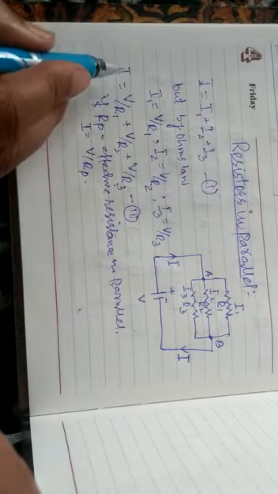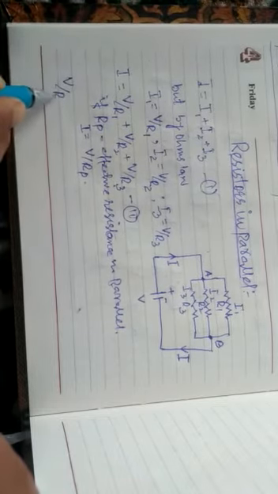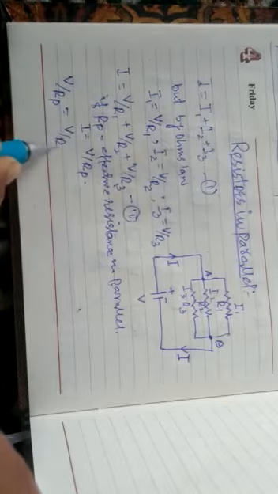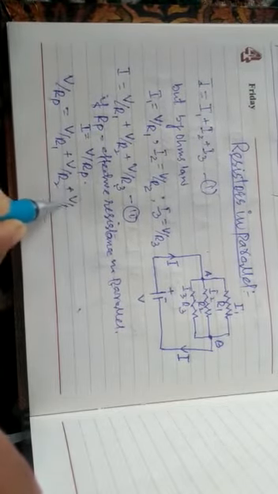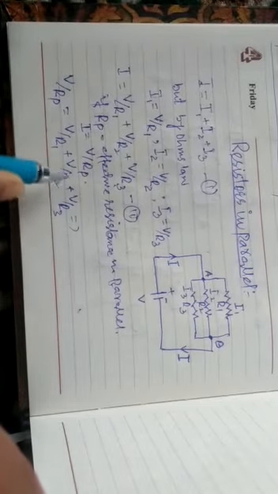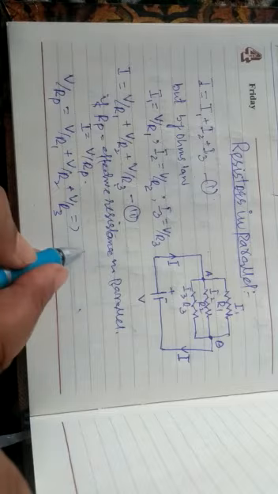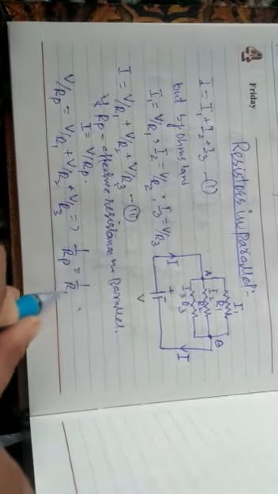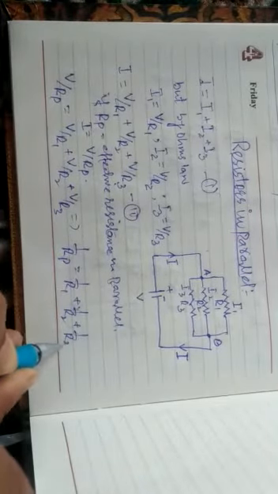That is equation two. Therefore, instead of I, we put it in equation one, and it becomes V by RP equals V by R1 plus V by R2 plus V by R3. If we take V common from this side, it is going to cancel with this. It will simply be 1 by RP equals 1 by R1 plus 1 by R2 plus 1 by R3.